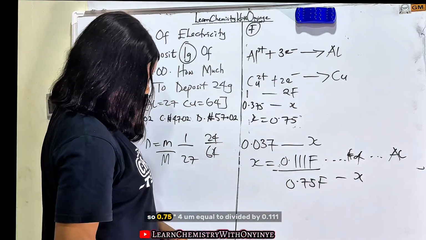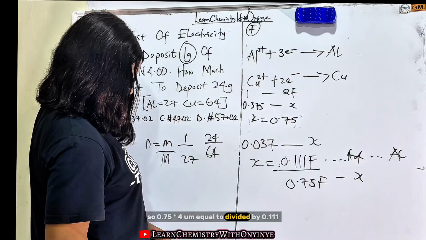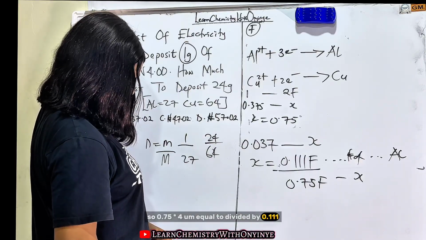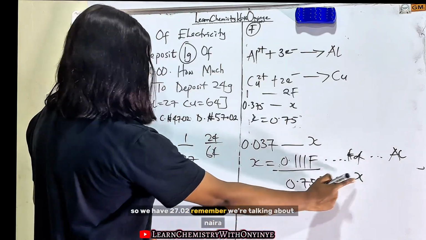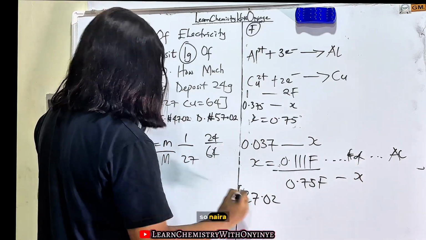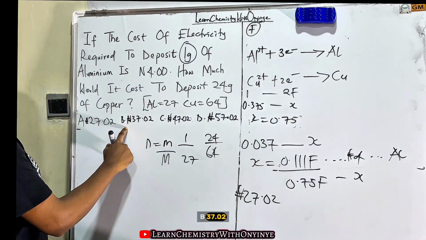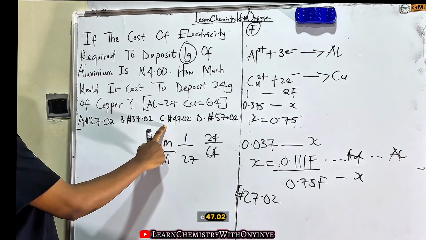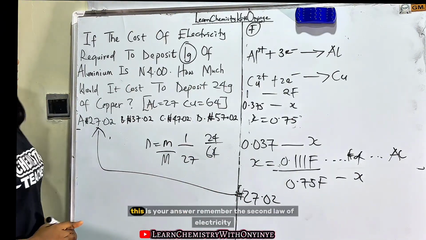So 0.75 times 4 divided by 0.111. So we have 27.02. Remember we're talking about naira, so naira. Now come to your options. You have A 27.02, B 37.02, C 47.02, D 7.02. So this answer corresponds, and this is your answer.